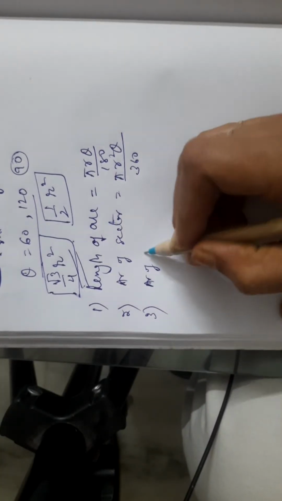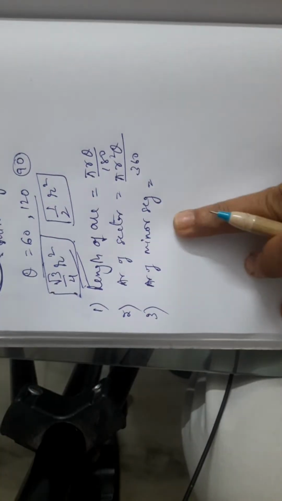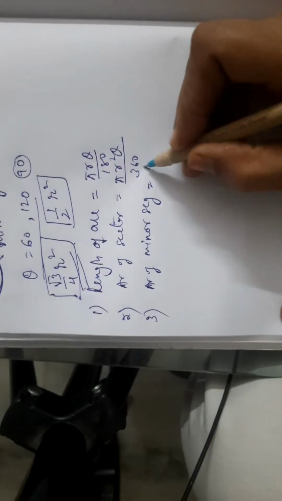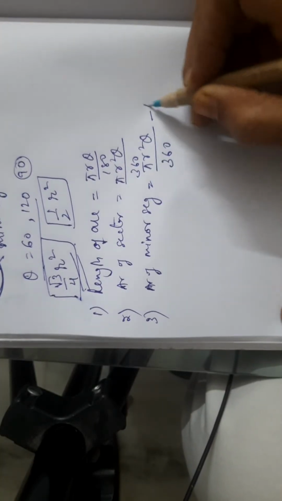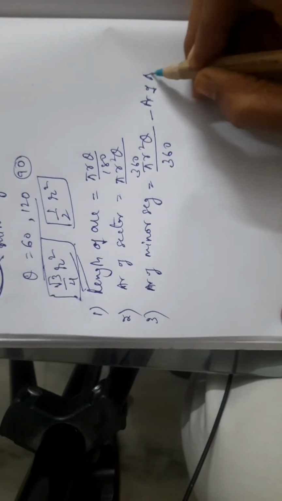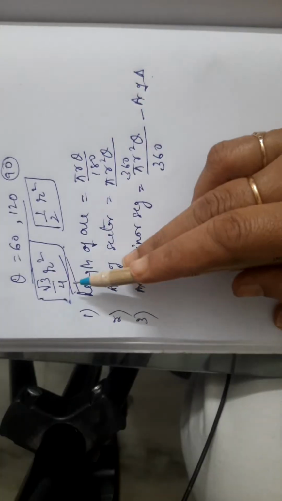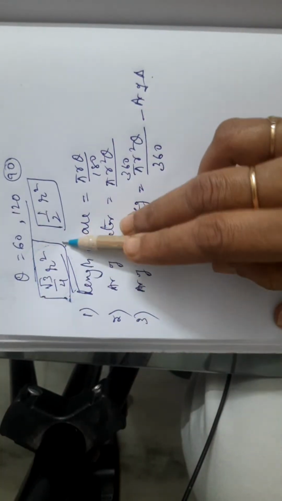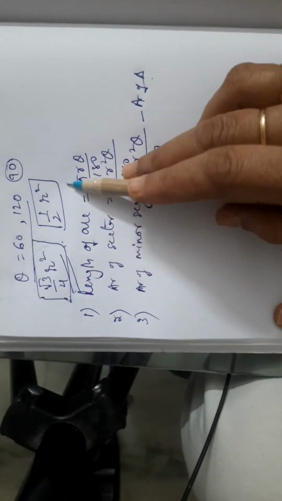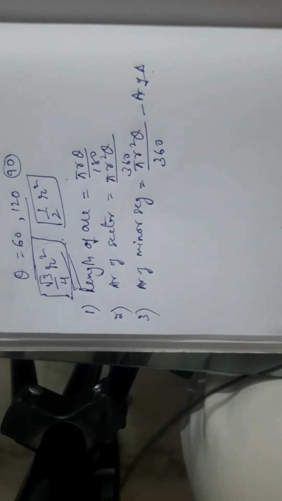And third formula, area of minor segment. If they ask the area of the minor segment, out of the sector we are going to subtract the area of the triangle depending on the need. If theta is given 60 or 120, we will use root 3 by 4 r square. If it is given 90, half r square. These are the few formulas which we are going to use.